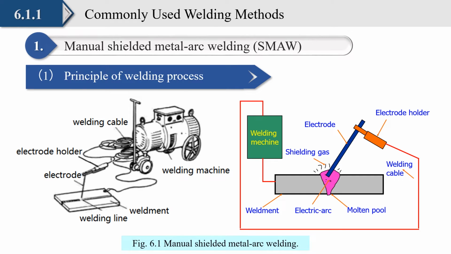The first welding method introduced in this class is the manual shielded metal arc welding, commonly called stick welding, which is designed primarily for manual application and is used both in the shop and in the field. In structural welding, this process is usually accompanied by the addition of filler metal from an electrode.